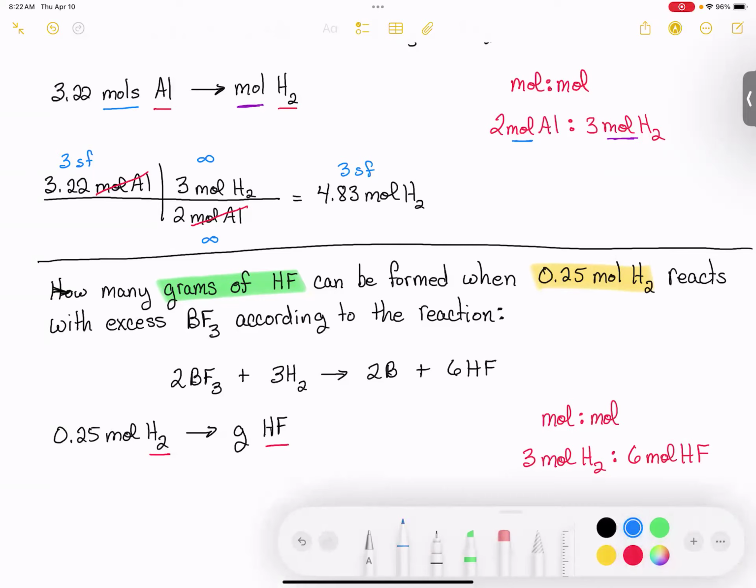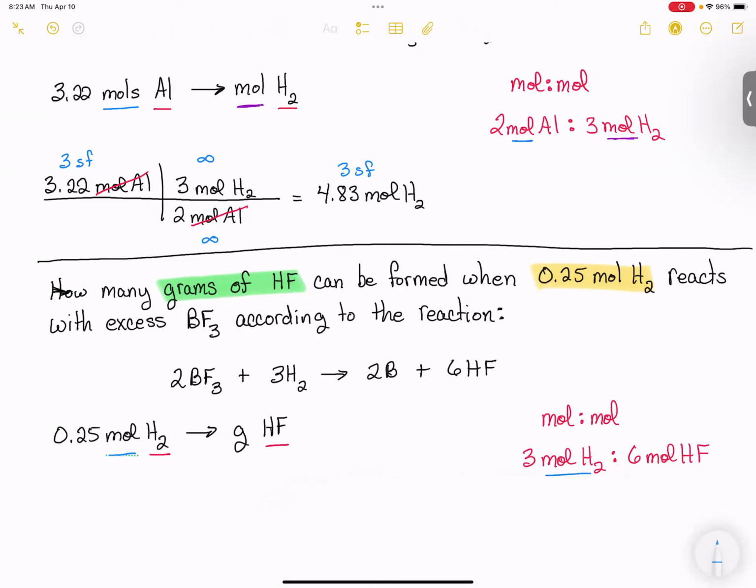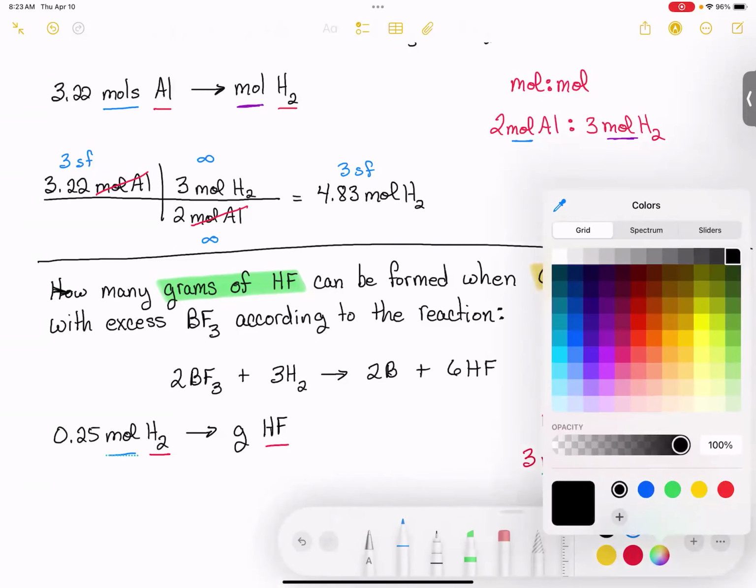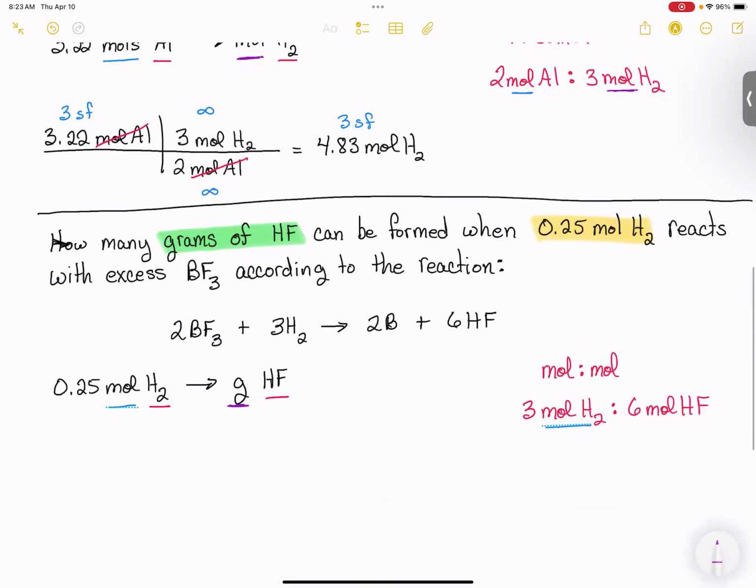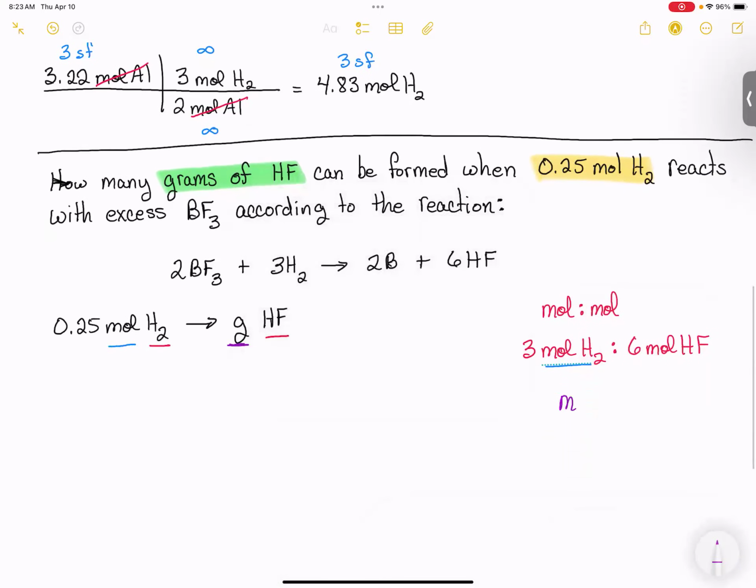Continuing to break this down, the next thing I notice is I need moles of hydrogen. That is not a problem. I already have moles of hydrogen as a unit. The last thing I note, though, is I need grams of hydrogen fluoride. Grams means I'm going to need the molar mass. So I have 1 hydrogen at 1.008, and I have 1 fluorine at 19.00.